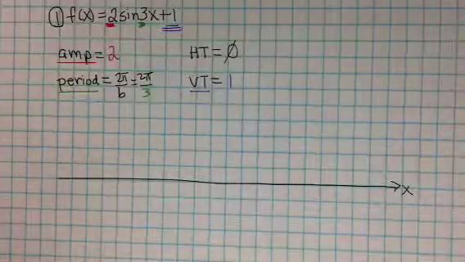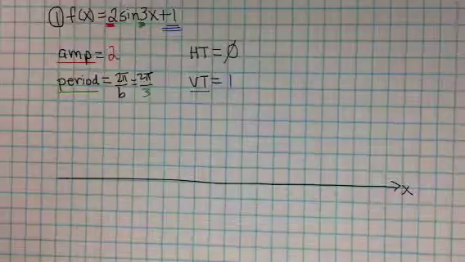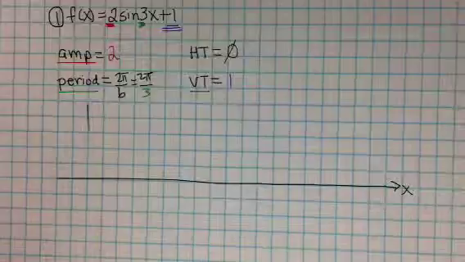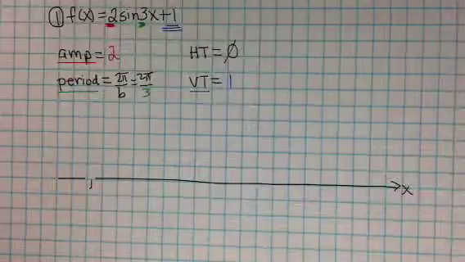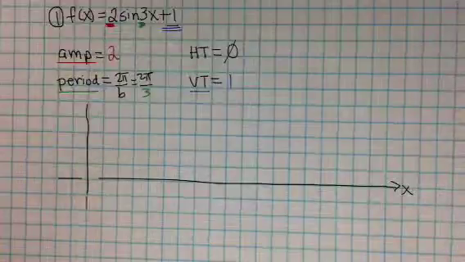And then for the y-axis, since there is no horizontal translation, I'll just draw it closer to the left side. Oops, sorry, let me fix that a little bit. It's not very neat. It's not any better, sorry.